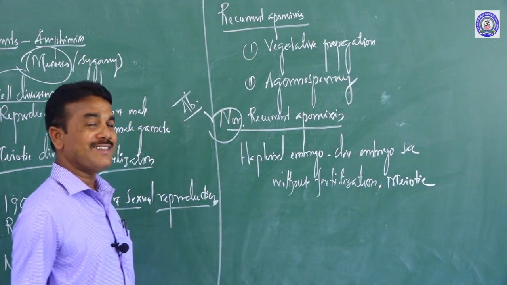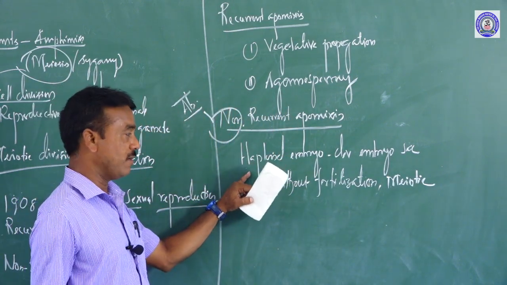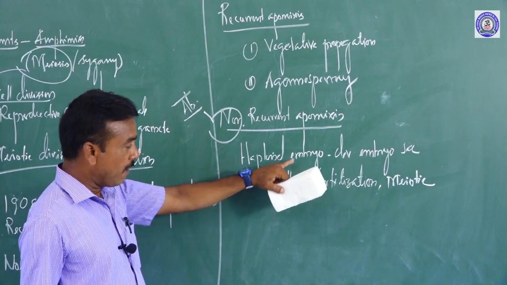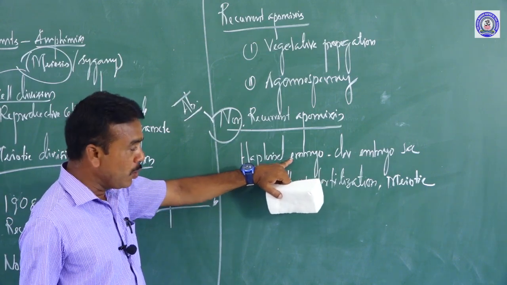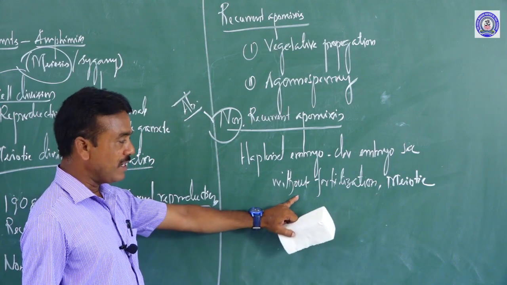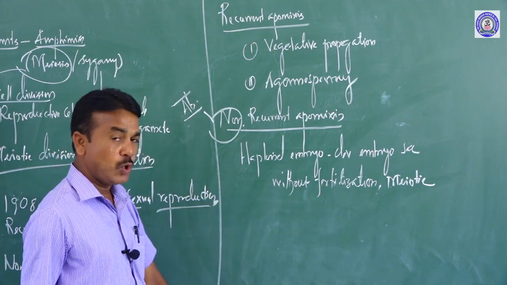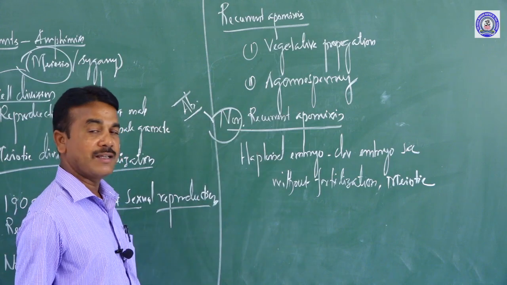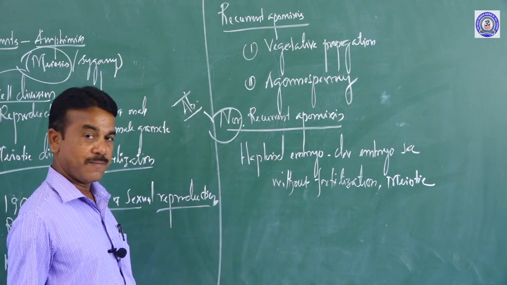That is commonly called non-recurrent apomixis. It is the development of a haploid embryo from a haploid embryo sac without fertilization and without meiotic division.